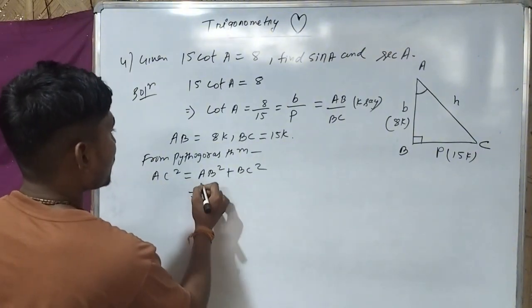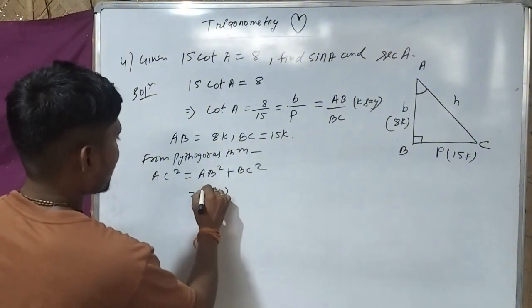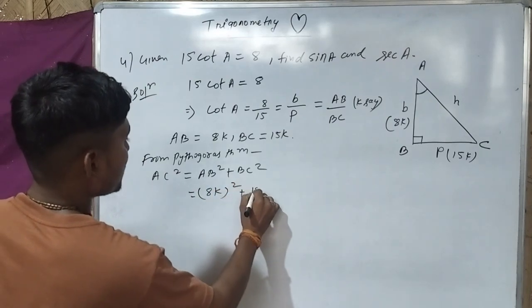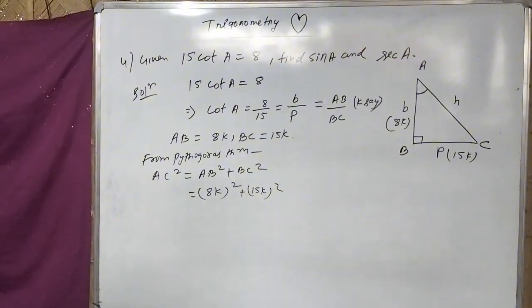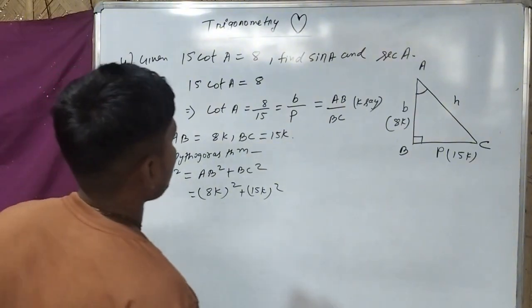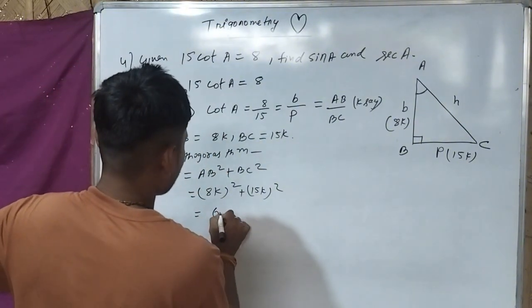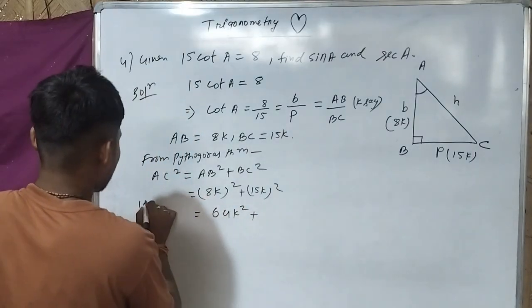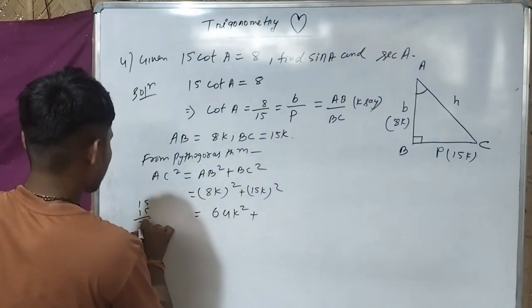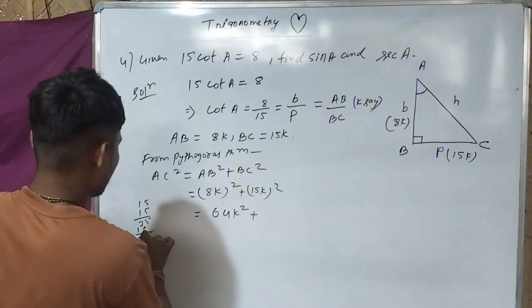So AB is 8K square, and BC is 15K square. Okay. Cot means base by perpendicular. Now 8 square is 64K square, and 15 square is, I think, 225.